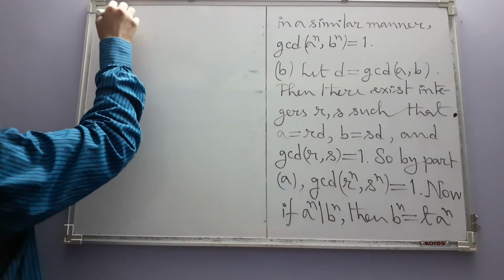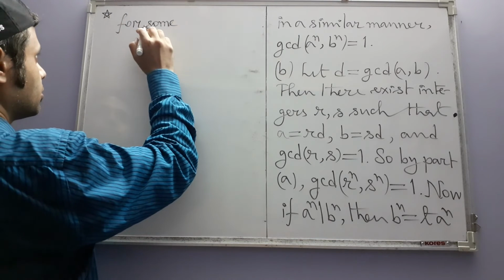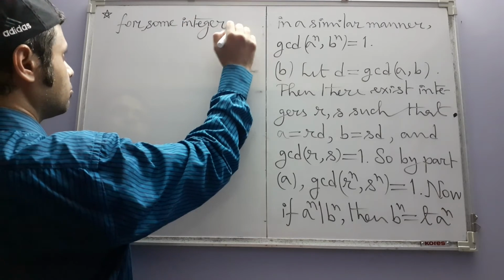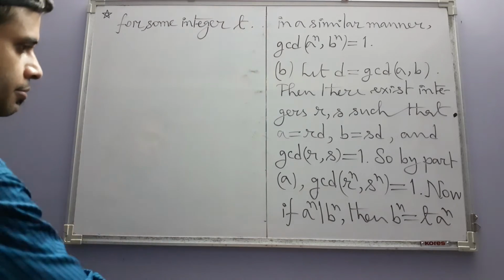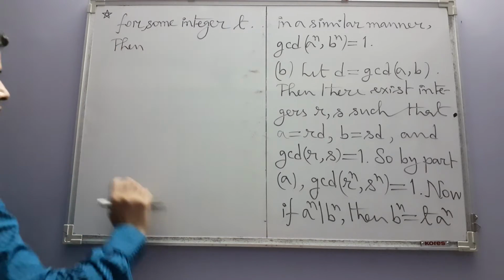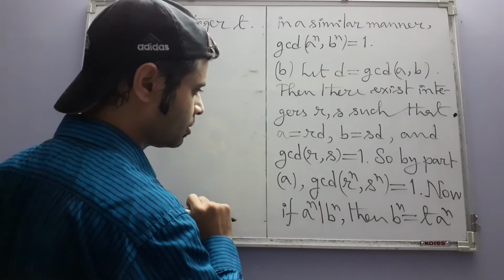For some integer t, okay, then now in this equation we are going to use these expressions for A and B.